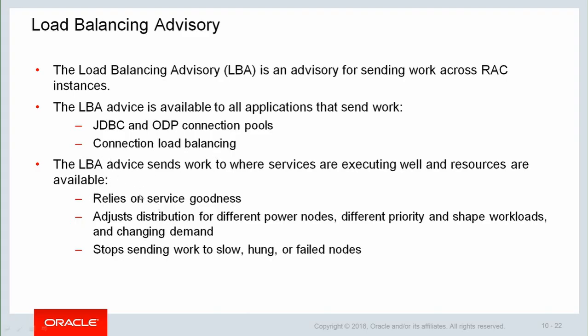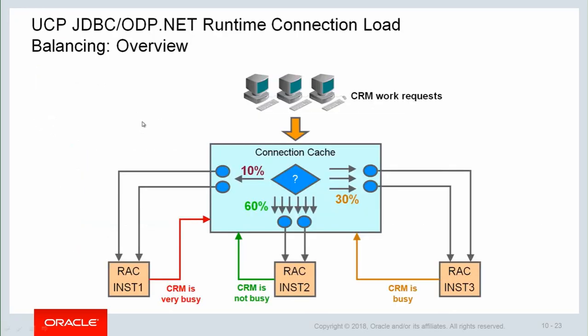It relies on service goodness. So which service running on which instance can perform better, and it adjusts distribution based on runtime load balancing, and then stops sending work to slow, hung, and failed nodes. So once the load balancer advisory receives a FAN message that includes the load balance information, it can take action.